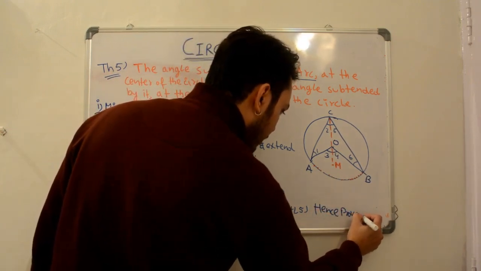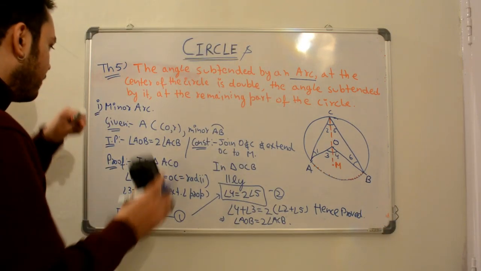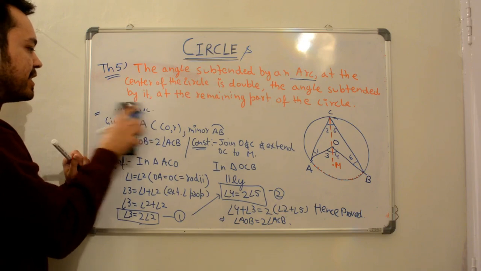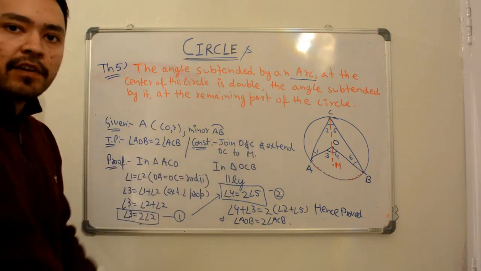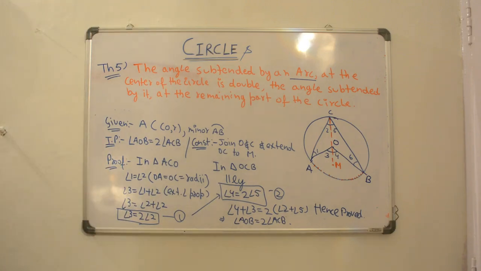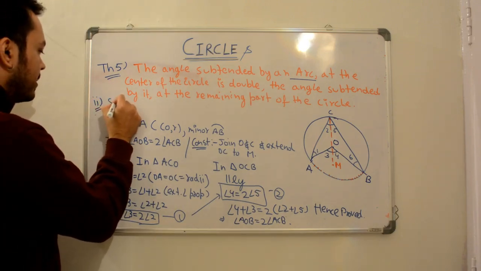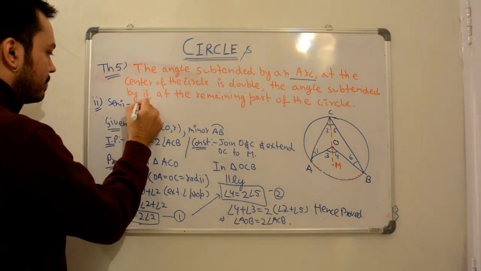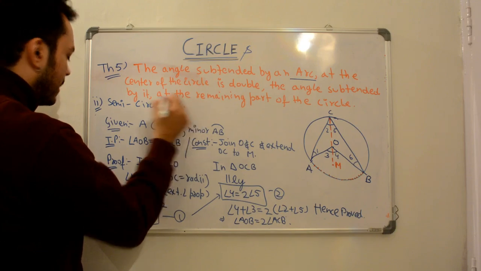Moving on, in part 2 of this theorem, we'll be talking about the semicircular arc. So everything will remain the same, only the diagram will change. So in part 2, we'll be talking about the semicircular arc. Right?